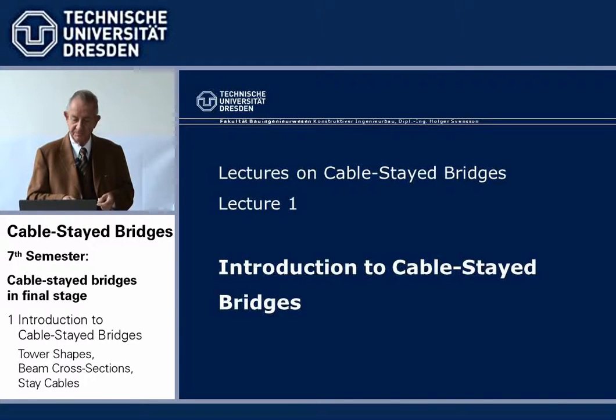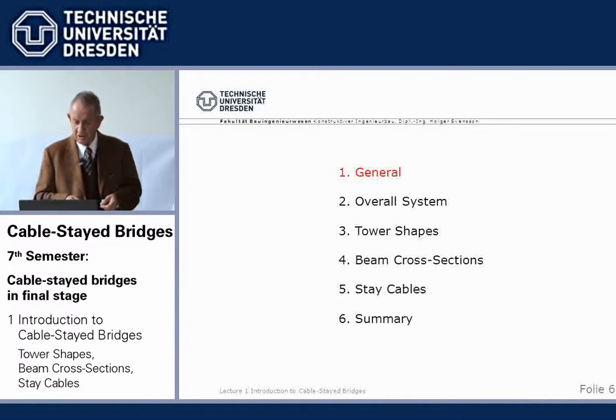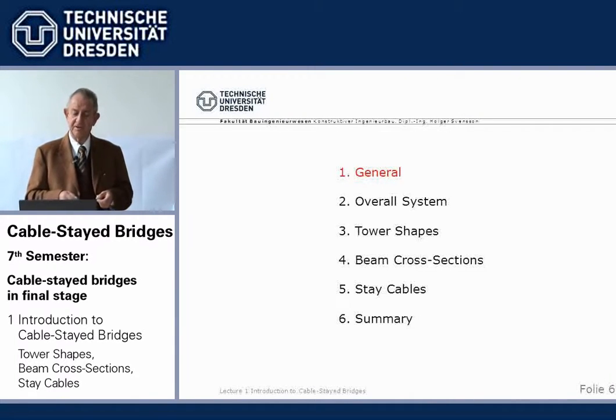Now, that as an introduction, and now we go into the things we consider the basics of cable-stayed bridges. We will talk, after a general introduction, on the overall system, on tower shapes, on beam cross-sections, on stay cables, and we'll try a little summary.